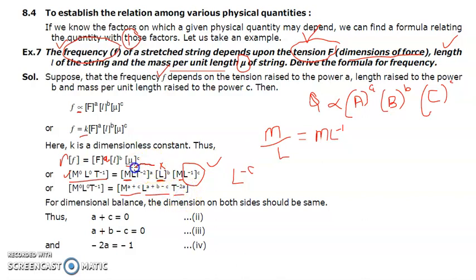Time is only there in the first part of the equation, so time has the power minus 2A, so we will simply write time as minus 2A.